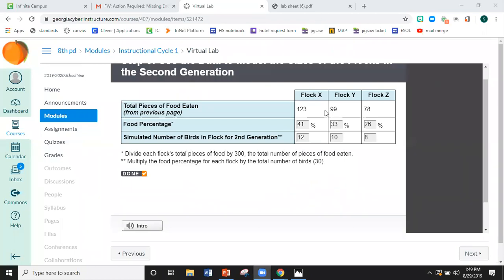Does anybody have a thought or a guess as to why flock X grew and flock Z shrank?